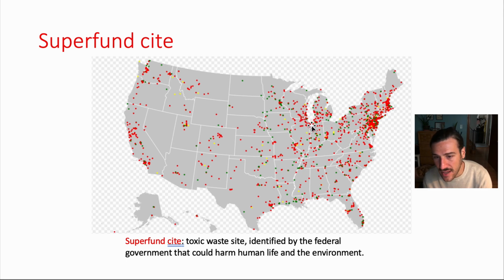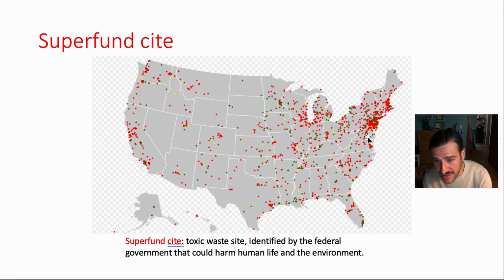These regions were extremely important for trading in the early 1900s, as the Great Lakes were utilized to transport a bunch of materials. And then you have the Erie Canal. You can see along the Erie Canal, you have all these Superfund sites.